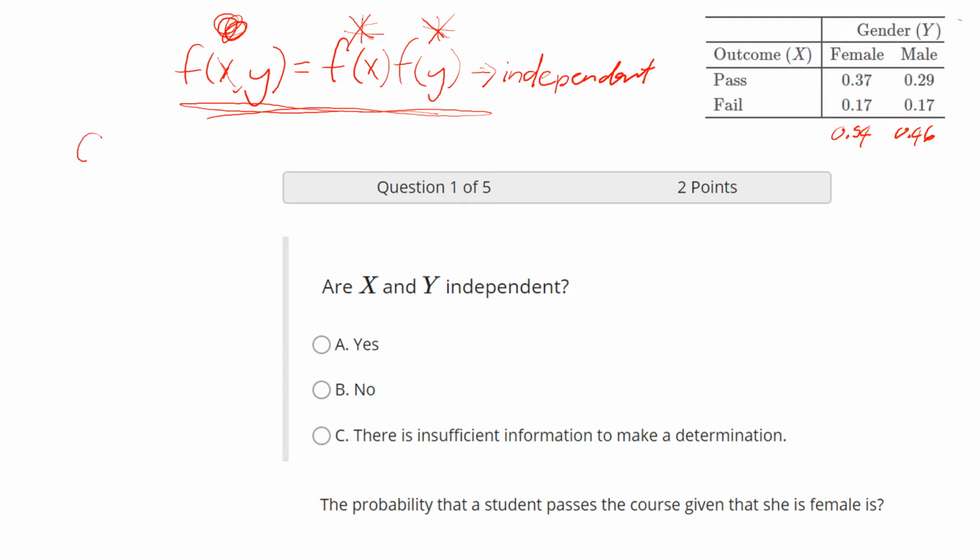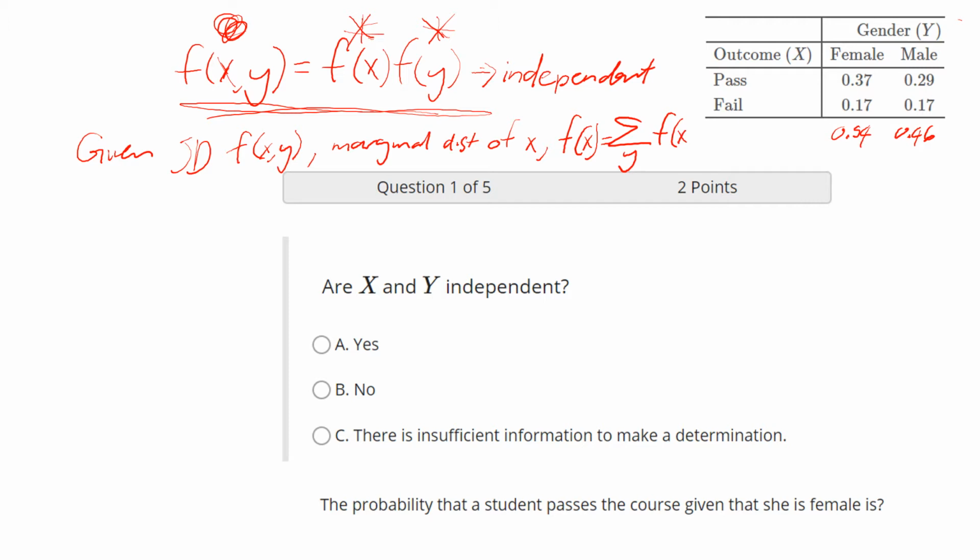Given a joint distribution, I'll just write here JD for joint distribution, f of x y, the marginal distribution of x, or f of x, is given by the sum over y of f of x y.